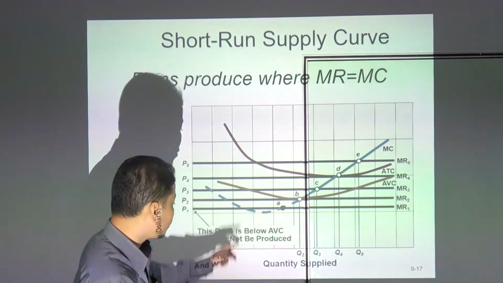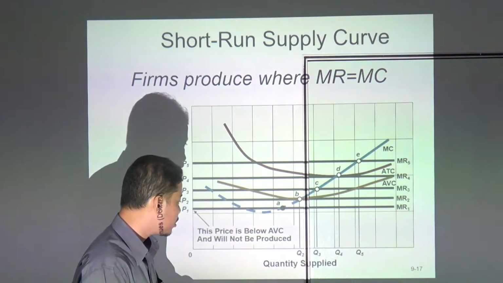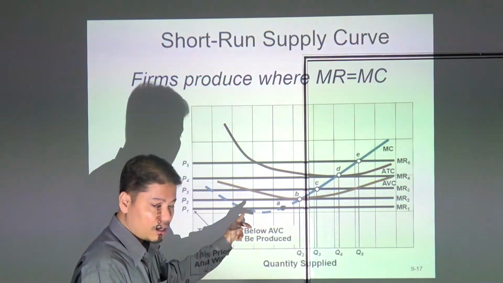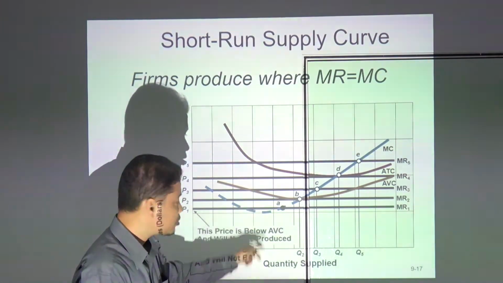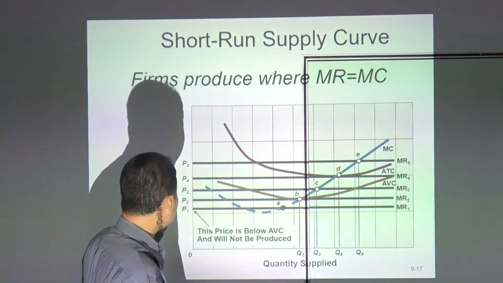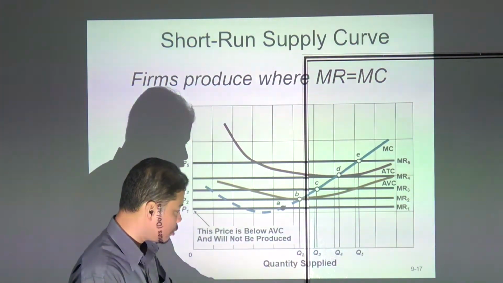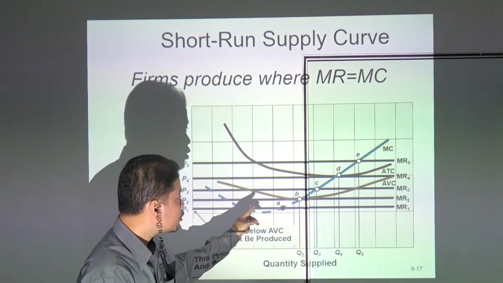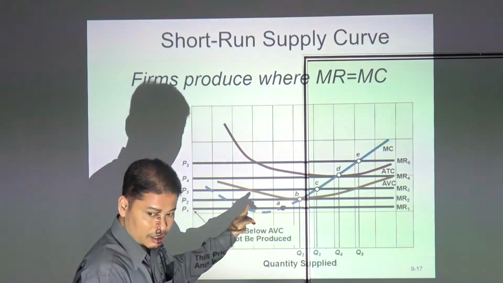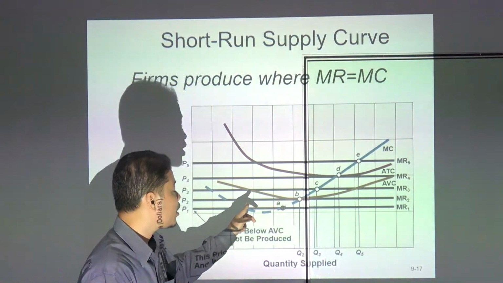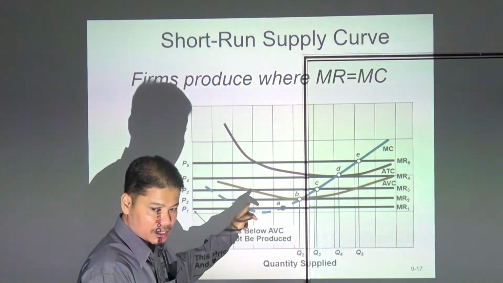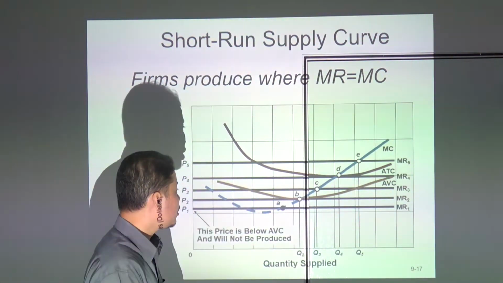If the price is P3, then the firm will definitely produce Q3 at point C there, and they will minimize losses. If the price is P4, then the firm will definitely produce at Q4, shown by point D, and break even or just experience a normal profit.